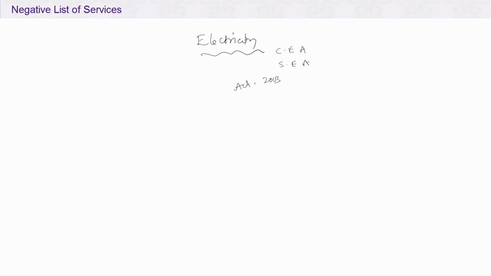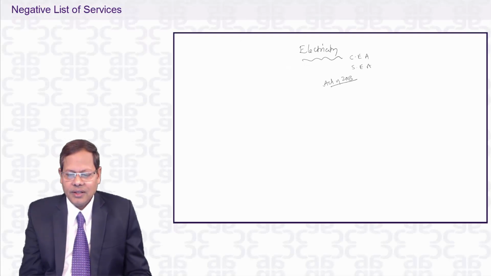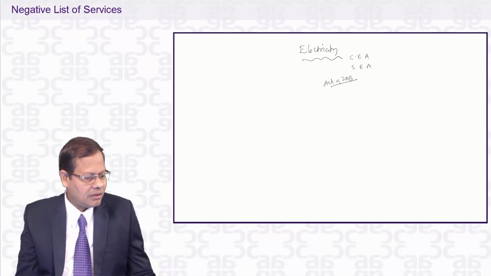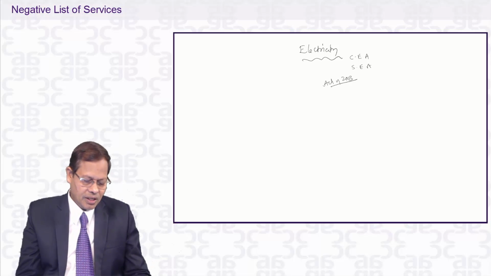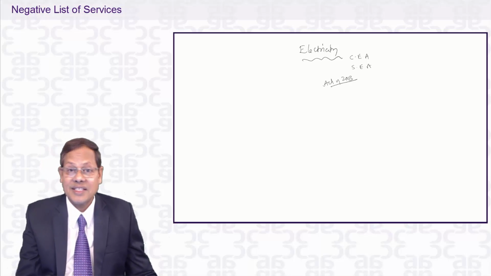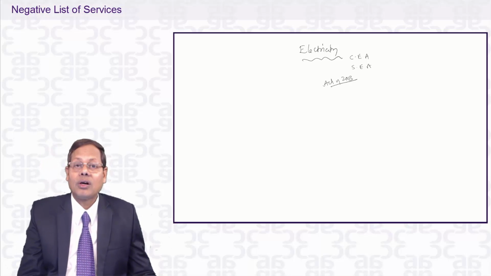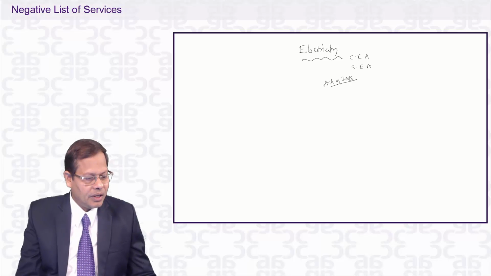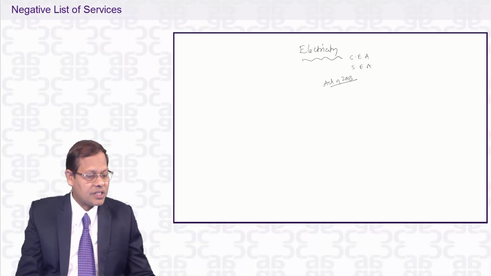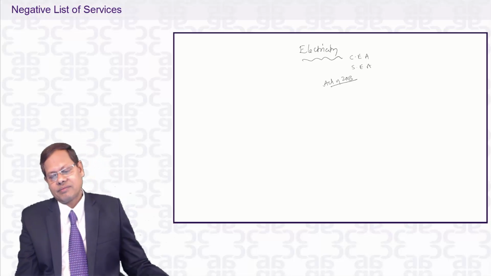So under the Electricity Act 2003, these are central or state organizations, or a distribution or transmission licensee, the people who got license to do that, or any other entity entrusted with such function by the central government, or as the case may be by the state government.